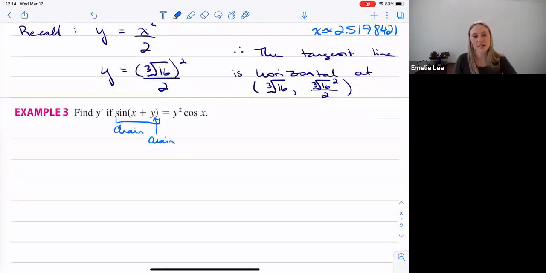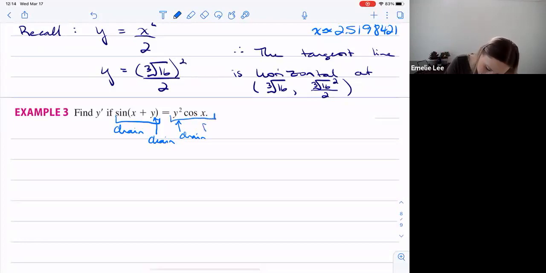On the right-hand side, there's no chain rule for the cos of x, but there is a chain rule for the y, implicitly. Overall, we've got y squared times cos x, so we've got a product rule again. There's a lot going on, right?